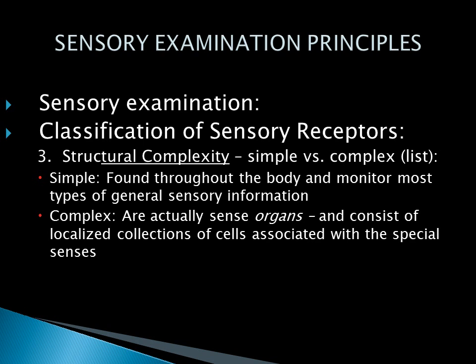Generally these consist of localized collections of cells associated with the special senses of sight, smell, taste, hearing, and equilibrium. We talked a little bit about some of those in dealing with the cranial nerves. But for the remainder of this program, let's focus our attention on the so-called simple sensory receptors.